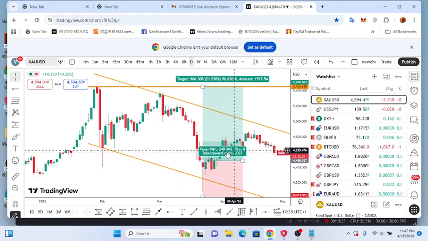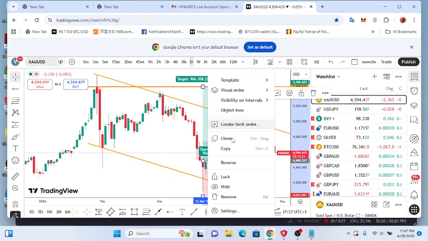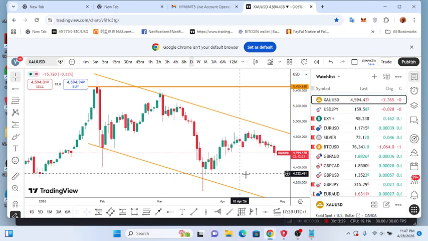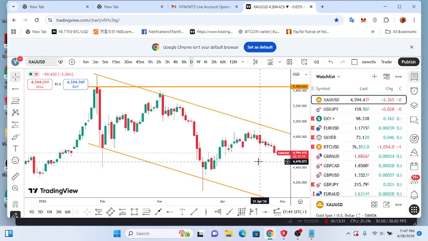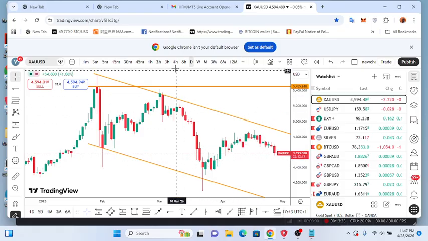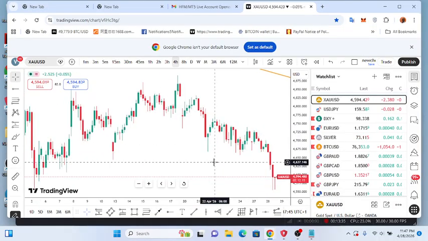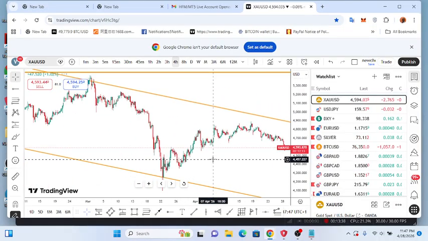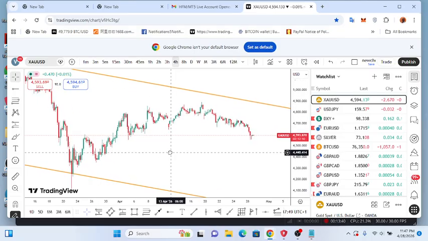Let me close this risk reward. So now this is where the market is right now. Let's go to the 4 hour time frame. Is there any opportunity?